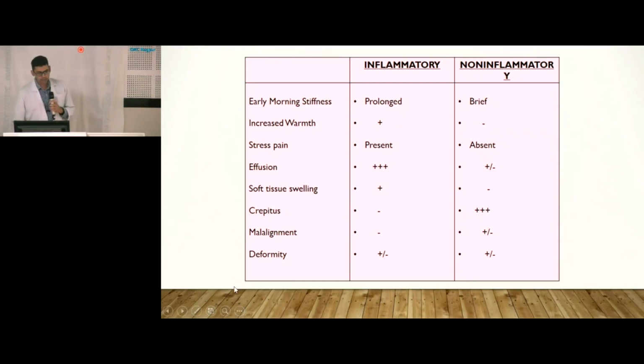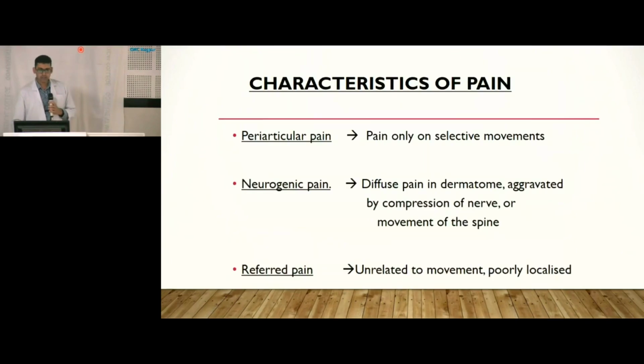There can be malalignment, but it can be seen in inflammatory arthritis as well, so it's not a very clear differentiating point, and the same goes for deformities. A long-standing one will definitely produce deformity. The characteristic of pain we need to keep in mind is whether it is periarticular pain, for which I have already explained from which periarticular structures the pain can arise.